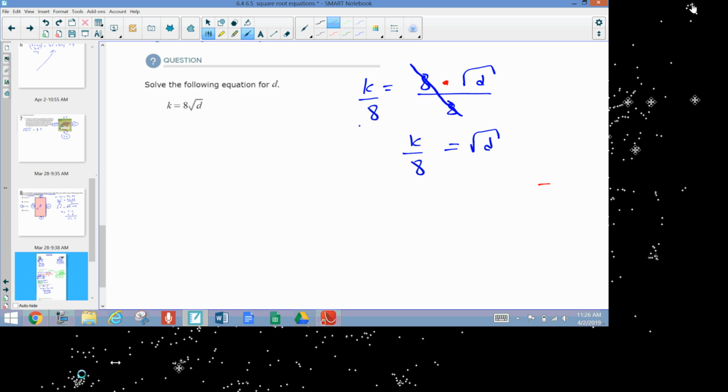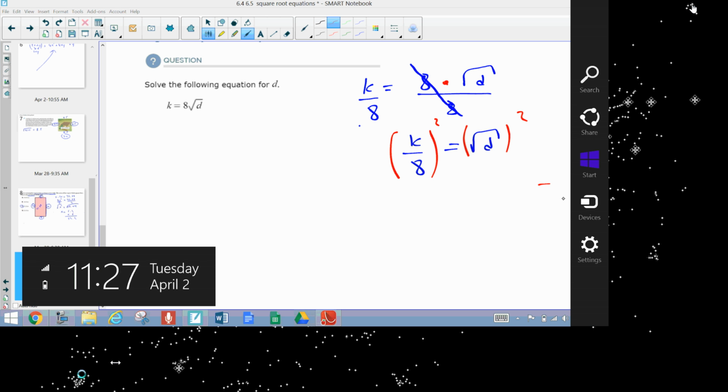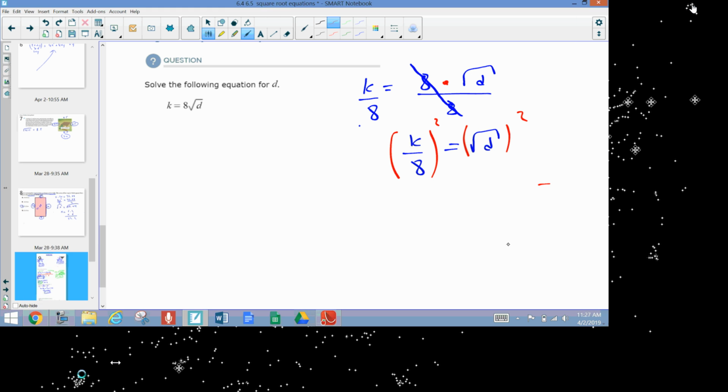Yes. Square of both hand sides. So what is that equal? K square over, not 8, right? K square over 64, because the 2 will affect both. Since it's outside, that square will affect both of them, right, Ömer? What are you watching? P is equal to k squared over 64.